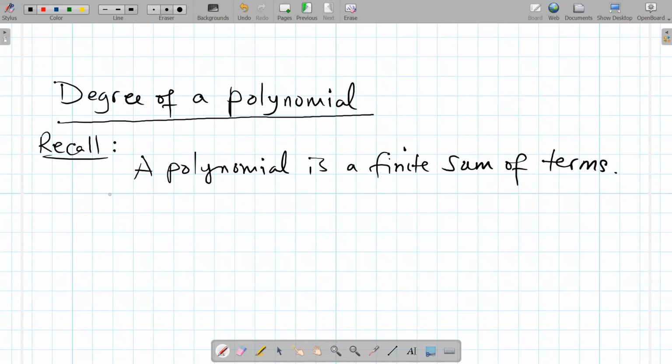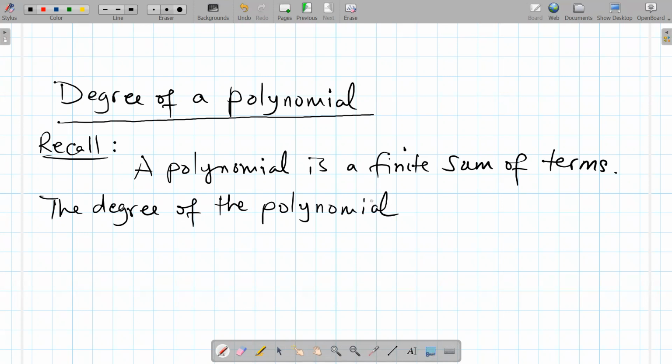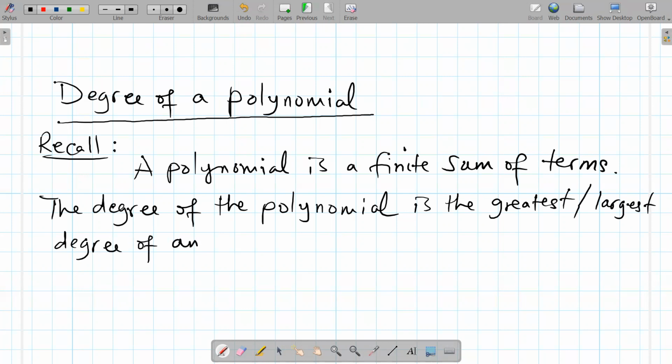Okay, so here the degree of the polynomial is the greatest degree or the largest degree of any non-zero term of the polynomial.